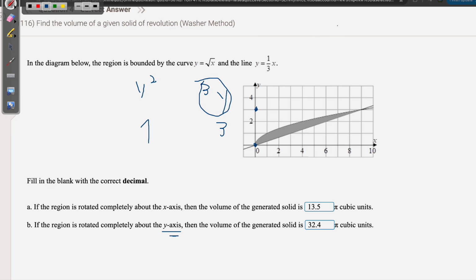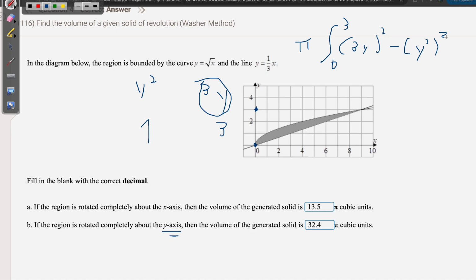So now we're going to integrate pi times from 0 to 3, again the same thing, 3y squared minus y squared squared. We plug this into the calculator.